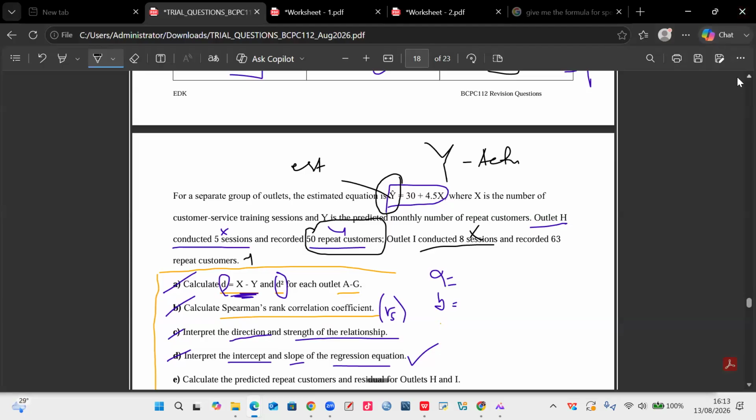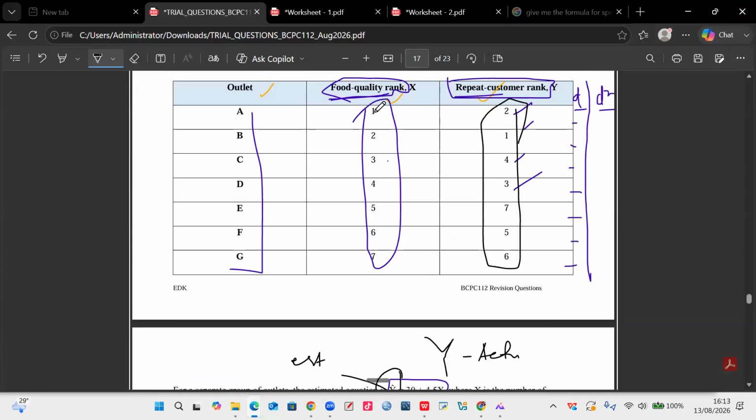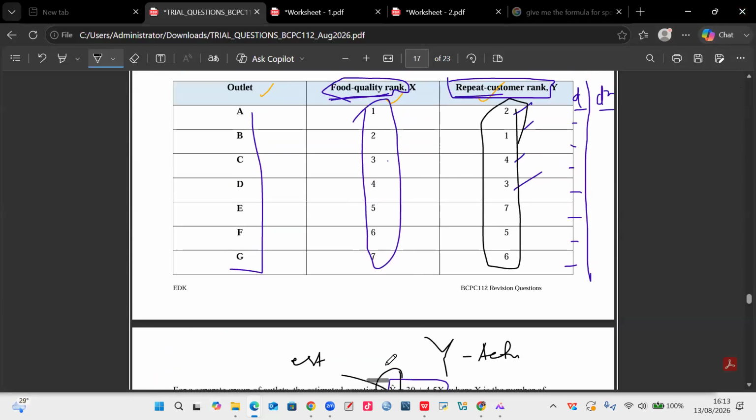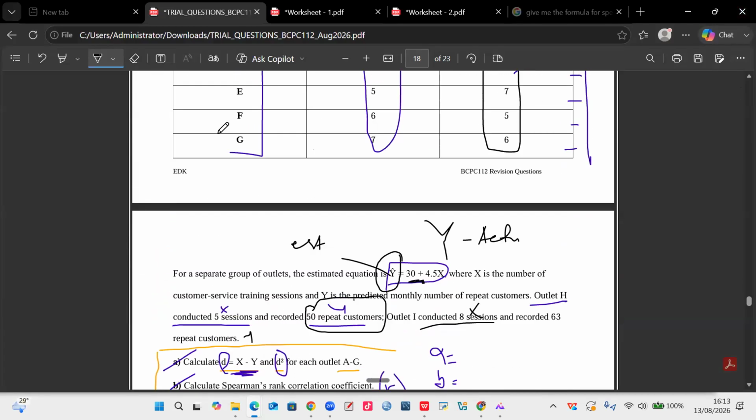For each of the values we have here, if we insert them into this formula, the estimated value will differ from the actual. The same applies to H here and I there. Are you getting it? Yes.